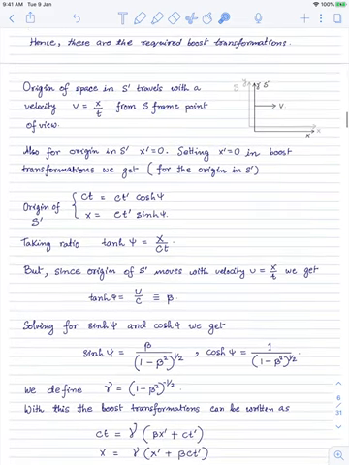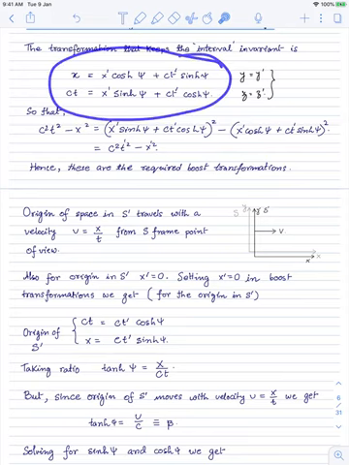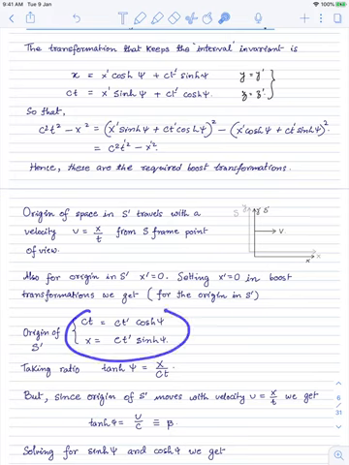Now, the interesting thing is, if we go back to this set of transformations and substitute x prime equal to 0, because that is the point I'm looking at, then it reduces to these two expressions: ct equal to ct prime cosh psi and x equal to ct prime sinh psi.